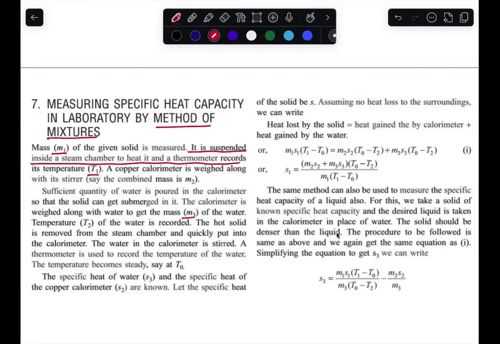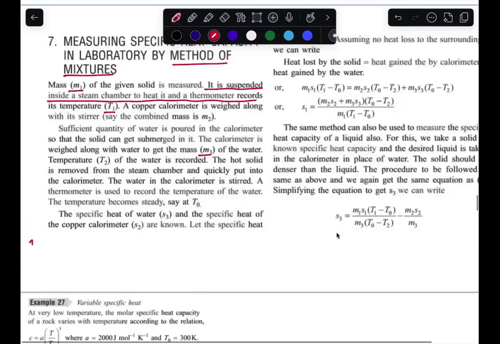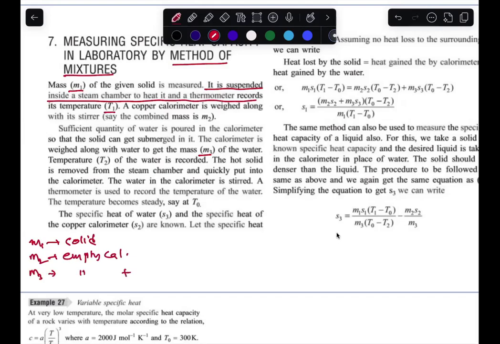Remember, M1 is the mass of solid alone, M2 the empty calorimeter, M3 calorimeter plus water. Initially these are at T2. Now you have dropped the solid and stirred well, so that some equilibrium temperature T0 is achieved.